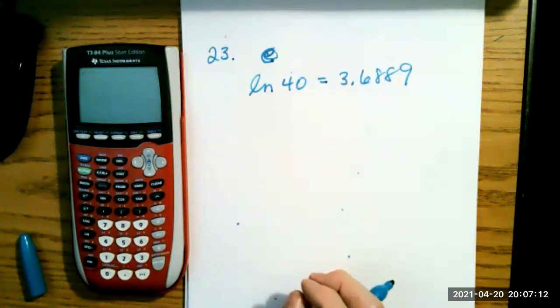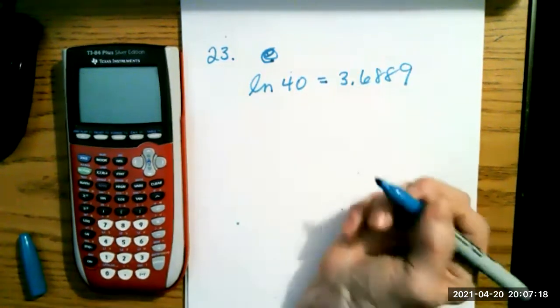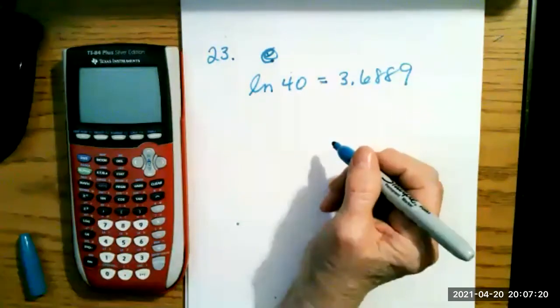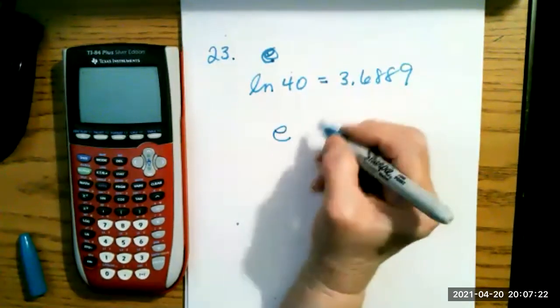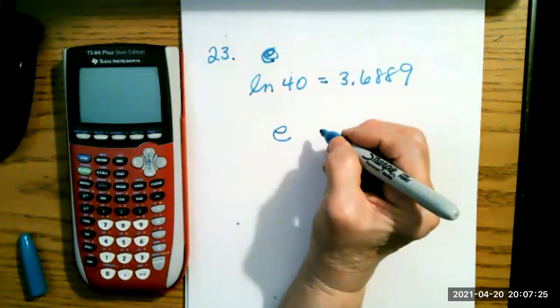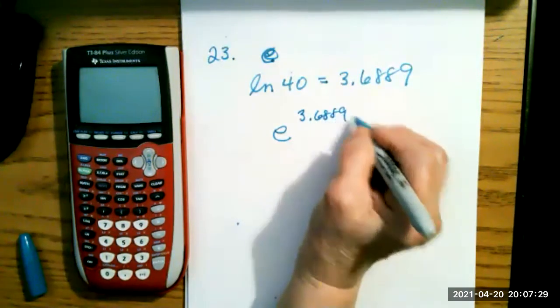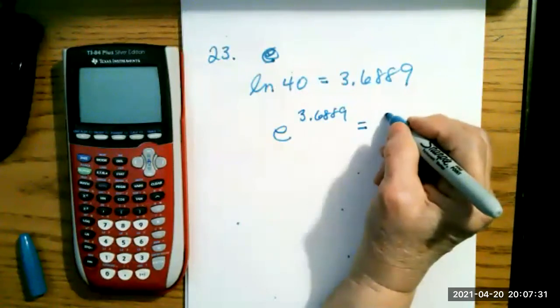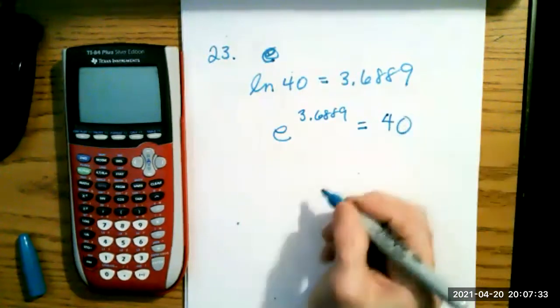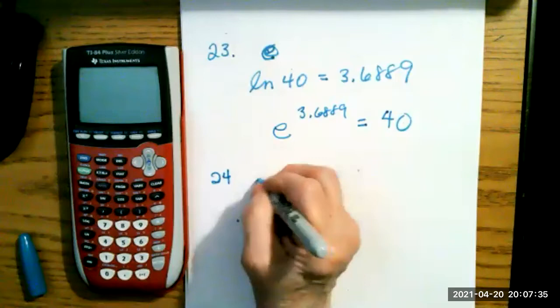What's the understood base? If it's an ln, what's the understood base? E. E to the 3.6889 equals 40. Okay, one more and we'll quit for tonight.